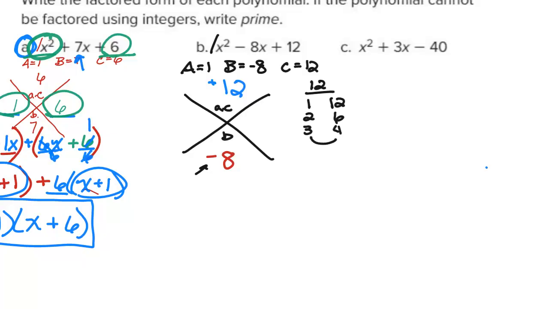Now, since this is positive and when you add them together you get a negative, that means both of them have to be negative, because a negative times a negative gives you that positive back. So what are my two numbers? -2 and -6. Because -2 times -6 gives you that positive 12, and you add them together, it gives you -8.